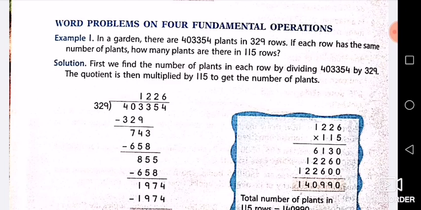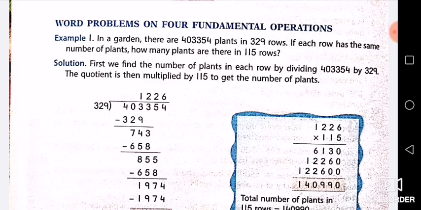First of all, for finding how many plants are there in each row, because it is given in the question, if each row has the same number of plants, it means in 329 rows we have 4,03,354 plants. So, in one row what we will do?